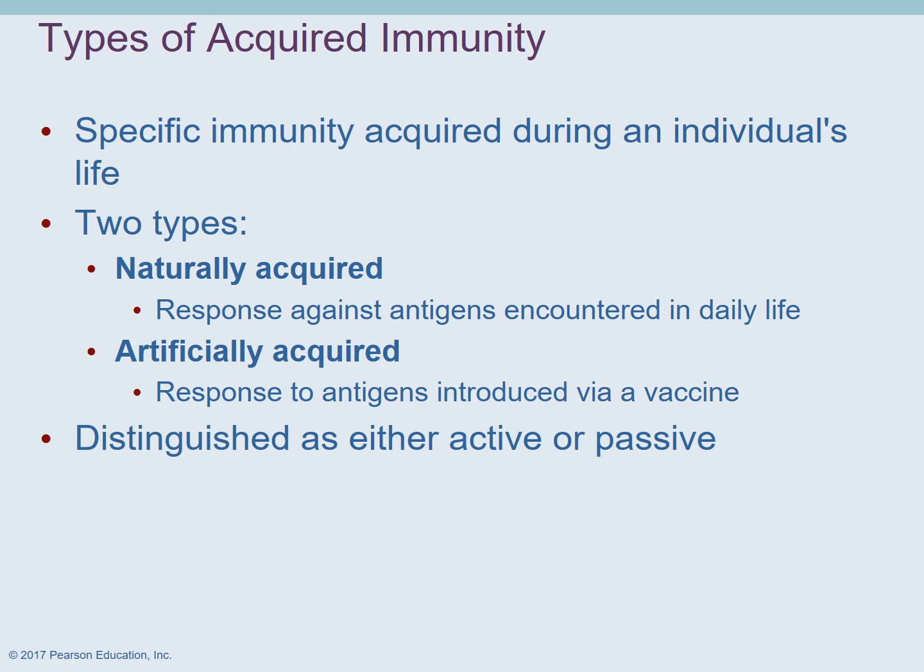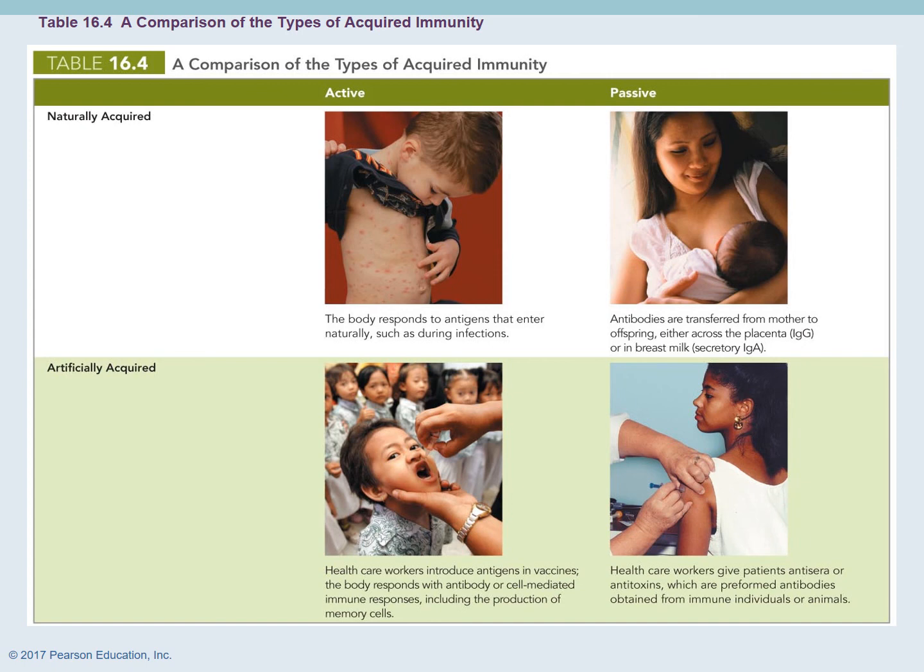Specific immunity can be acquired a couple different ways. It can be naturally acquired because you encountered it just in your normal daily living, or it may be artificially acquired. And then we will distinguish it as either active or passive.